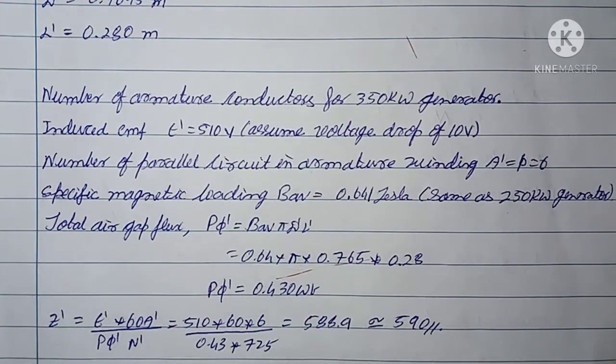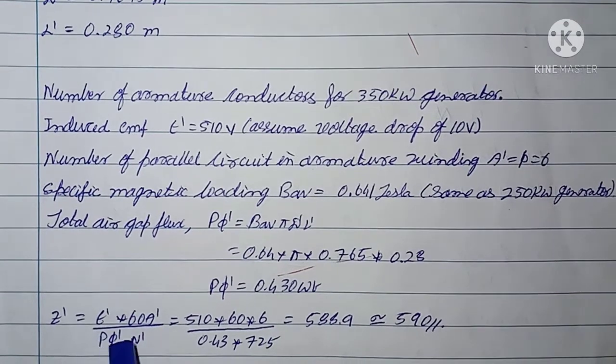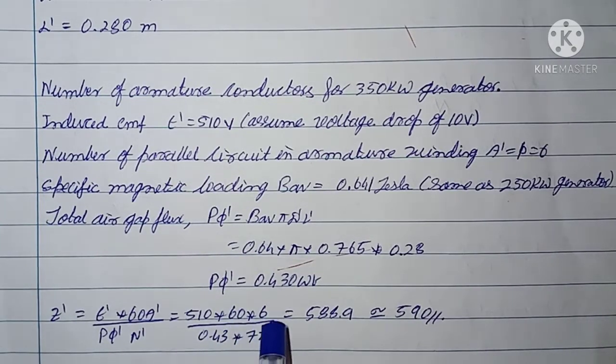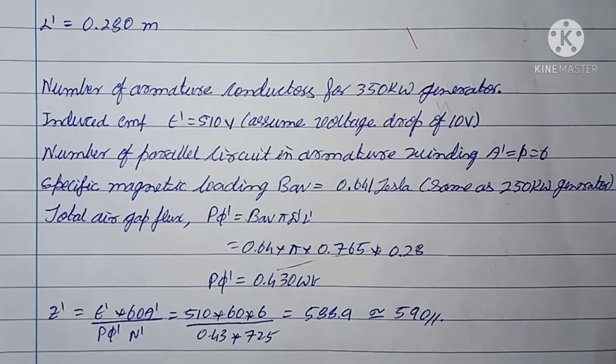And then Z dash, again from the basic equation, E dash into 60 A dash divided by P into phi dash N dash. So 510 into 60 into 6 divided by 0.43 into 725. So we get 588.9 conductors, approximated to 590 conductors.